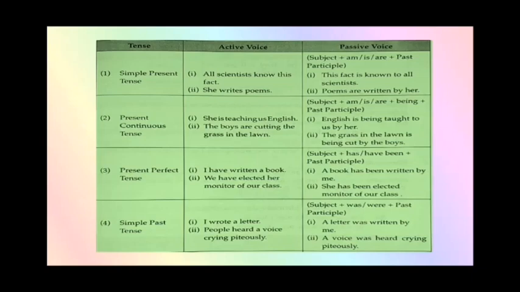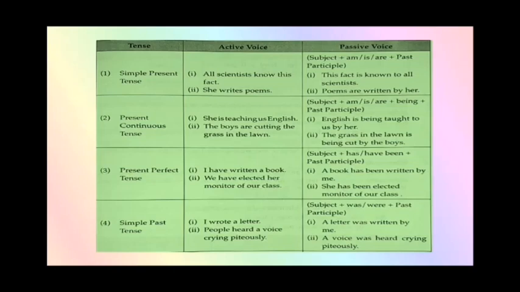Next sentence, the boys are cutting the grass in the lawn. This is the active voice. So in the passive voice we have the grass in the lawn is being cut by the boys. Now next tense is the present perfect tense. Under that we have two sentences.